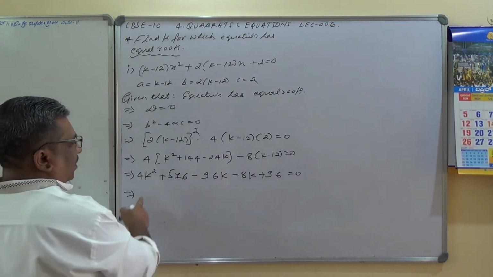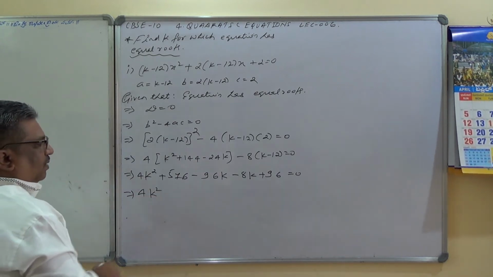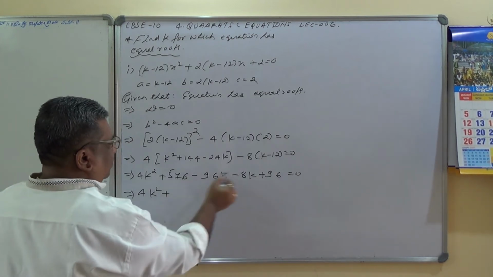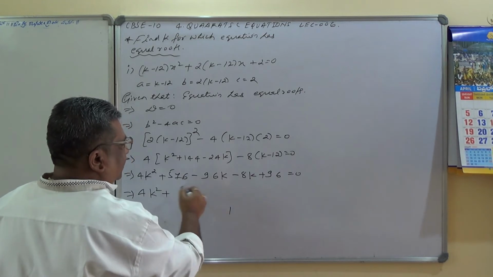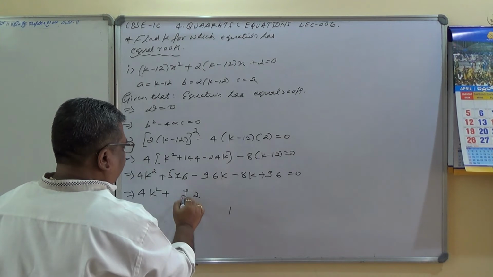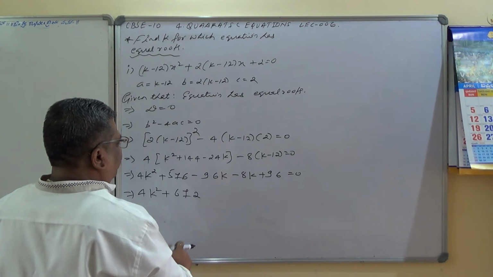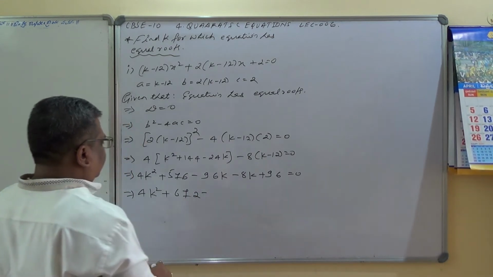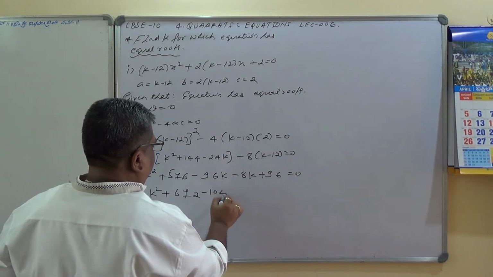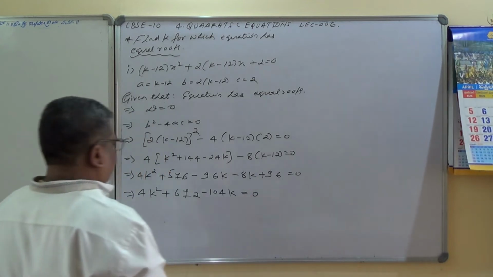Implies 4k square plus 576 plus 96, minus 96k minus 8k, which is 104k, equals 0.